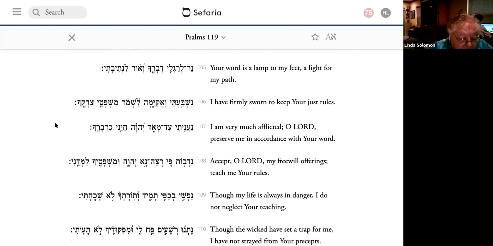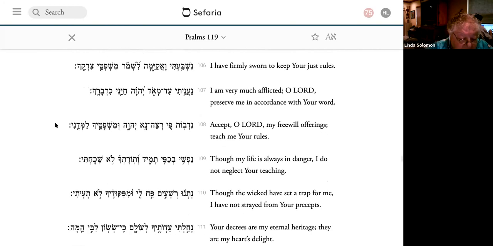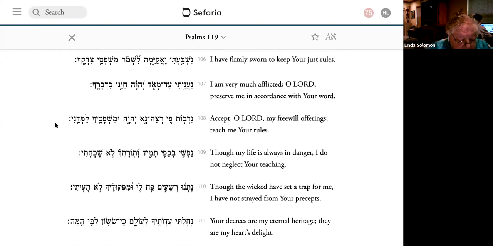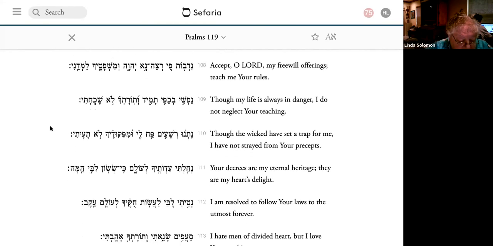Nun. Your word is a lamp for my feet. A light you provide for my path. Having sworn an oath, I will uphold it, to observe the judgments based on your justice. Numbed sorely by my affliction, I ask you, Adonai, preserve my life according to your word. Note with favor, Adonai, the free will offerings of my mouth, and teach me your judgments.